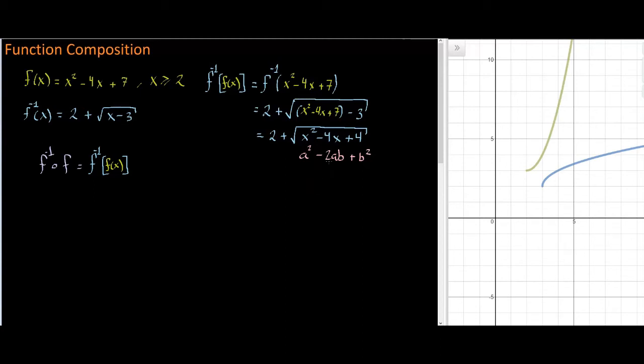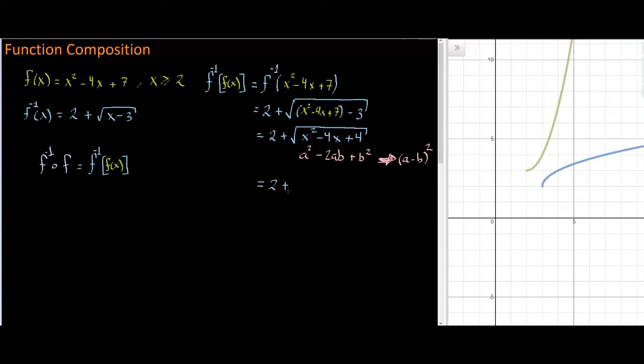And every time we have this structure, we can just convert it into something that is a minus b squared. Now I'm going to apply this statement on the f inverse of f of x.